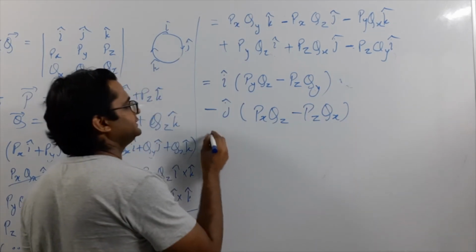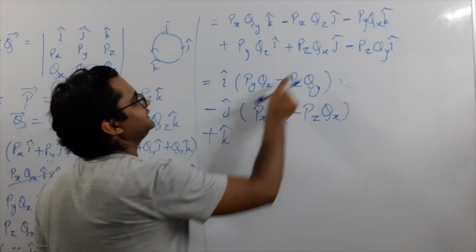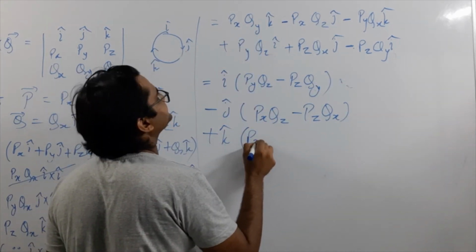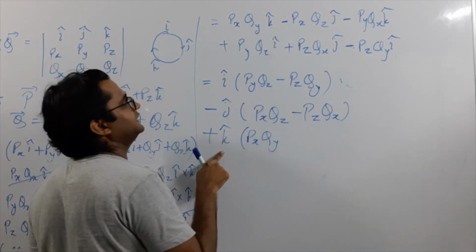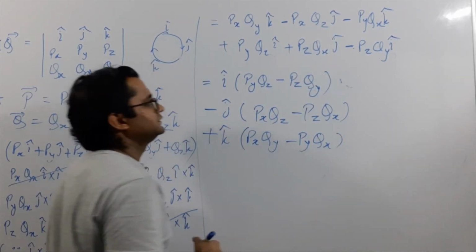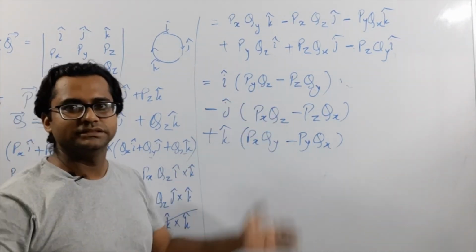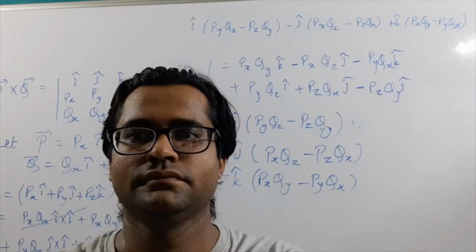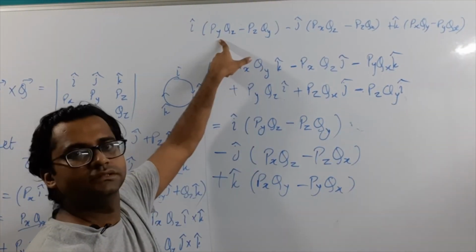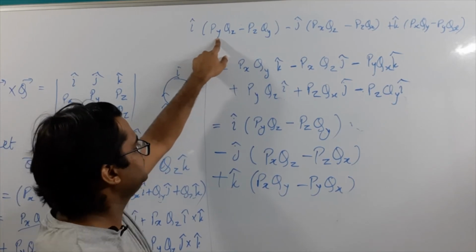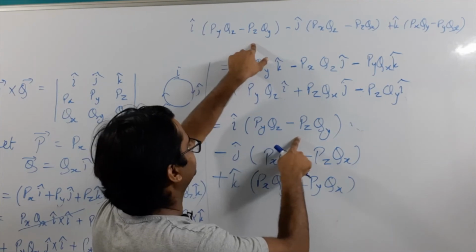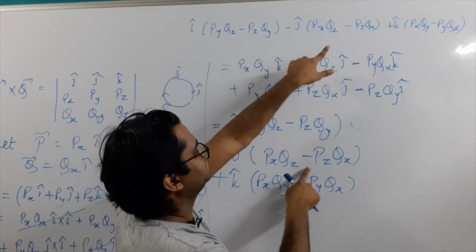I am done with j, plus my third term is k. We will take this px qy into k, and minus py qx into k. So if you compare this equation with our previous expansion, I cap (py qz minus pz qy), we are having this term, minus j (px qz minus pz qx).